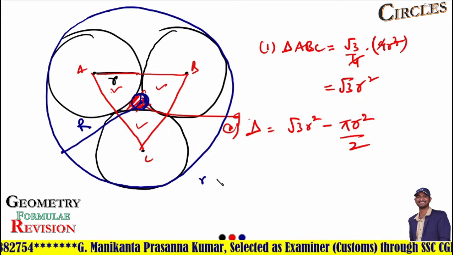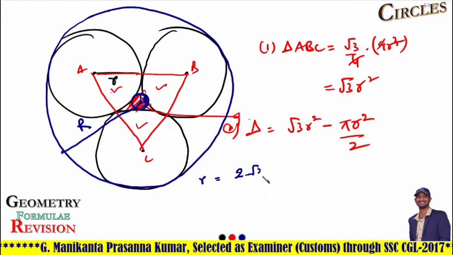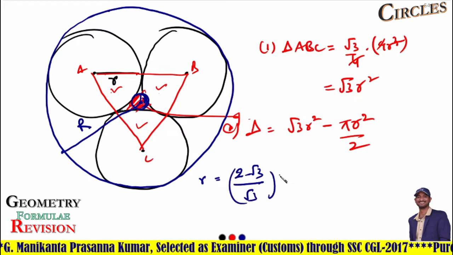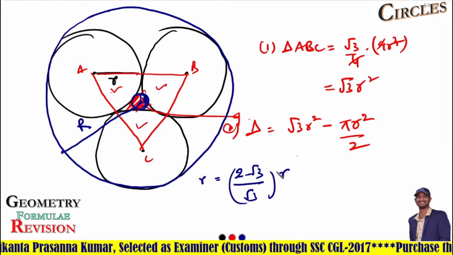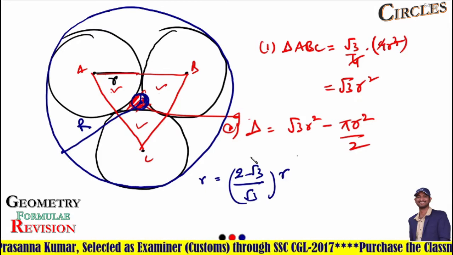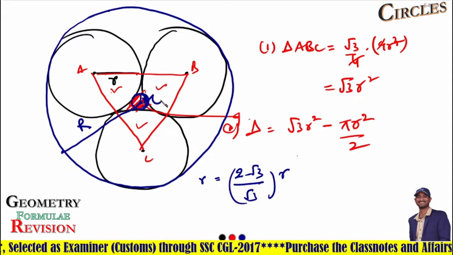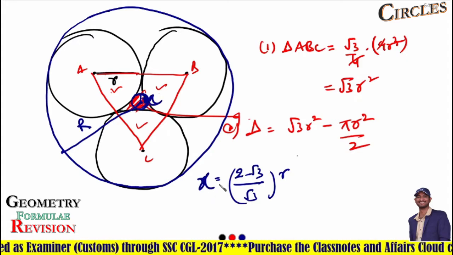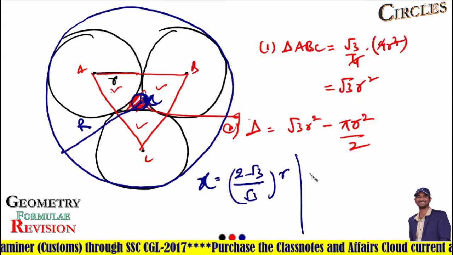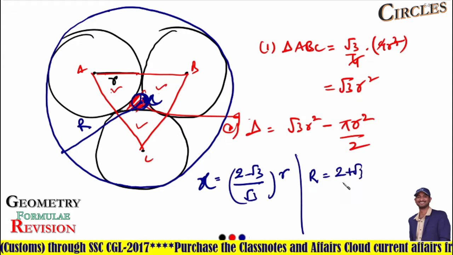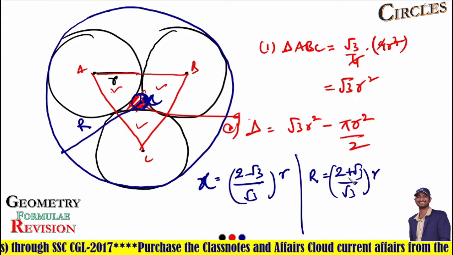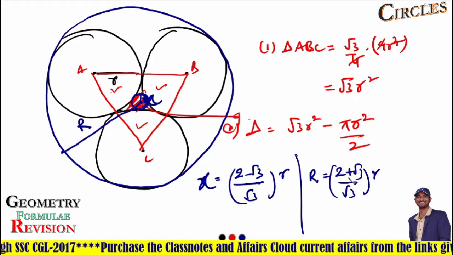So the radius of the inner circle is 2 minus root 3 by root 3 into r, and the radius of the outer circle is 2 plus root 3 by root 3 into r, where r is the radius of each circle.